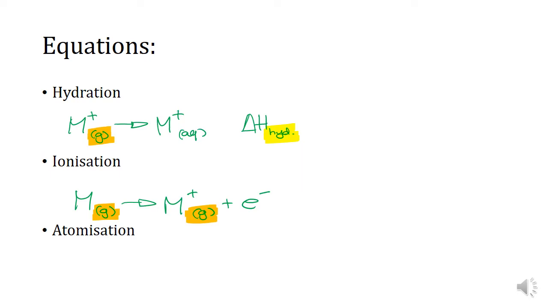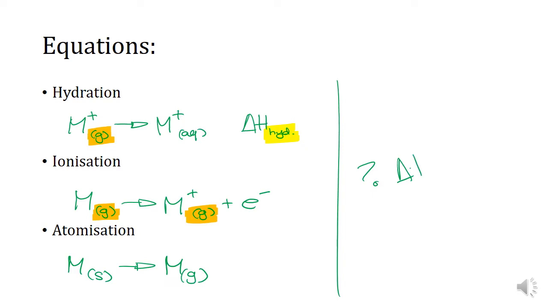Atomization is the energy it takes for me to take something from a solid state and convert it to a gaseous state. So with all of these, we're interested in what is the delta H of that process.